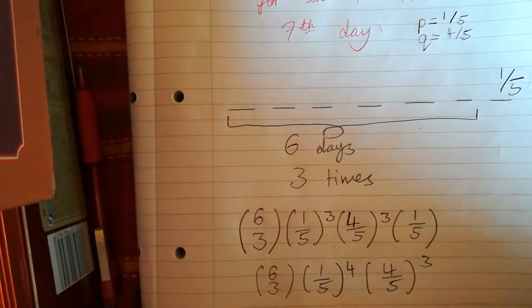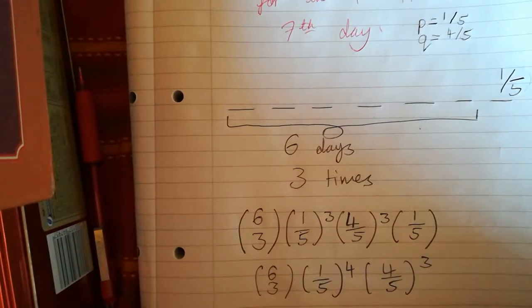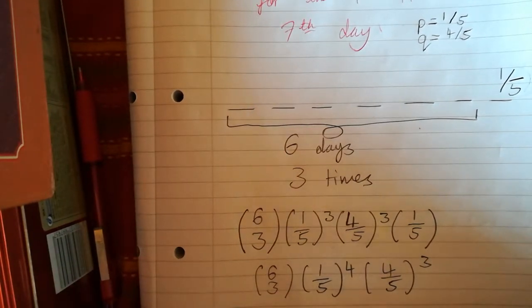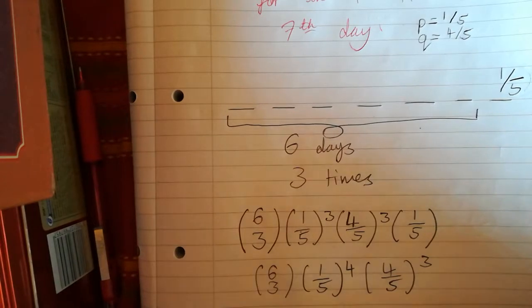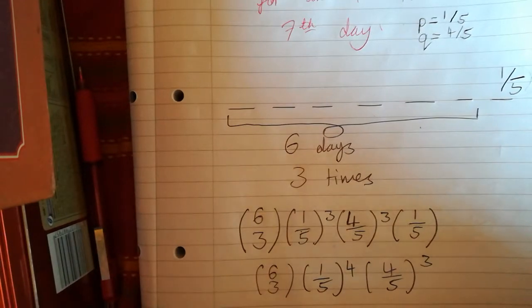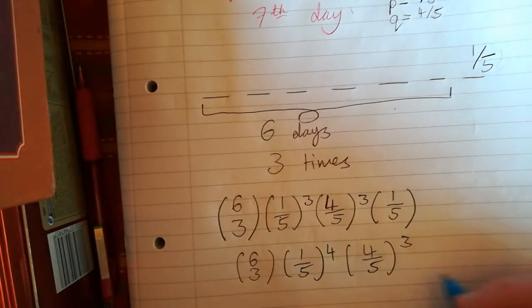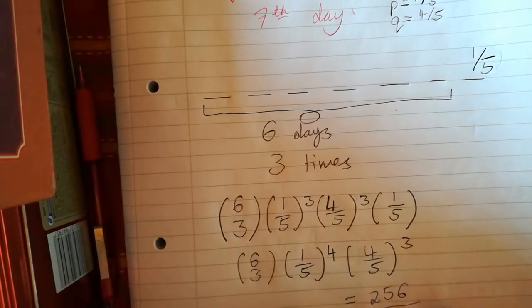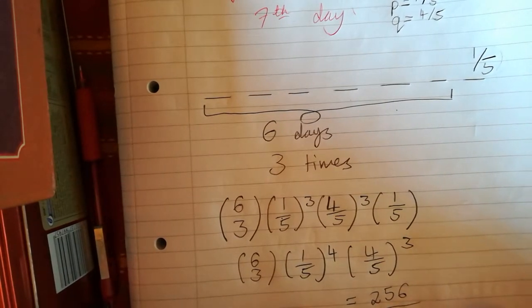So I'm just going to get that on my calculator. 6 choose 3 is 20, multiplied by 1 over 5 to the power of 4, multiplied by 4 over 5 to the power of 3, and I get an answer of 256/15625.